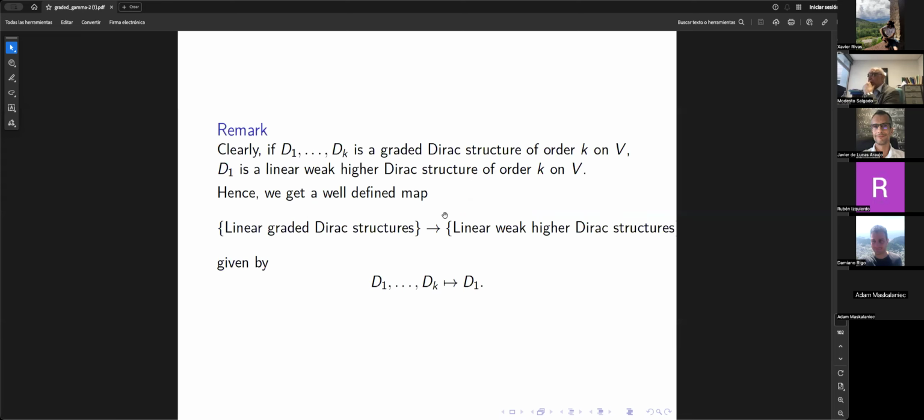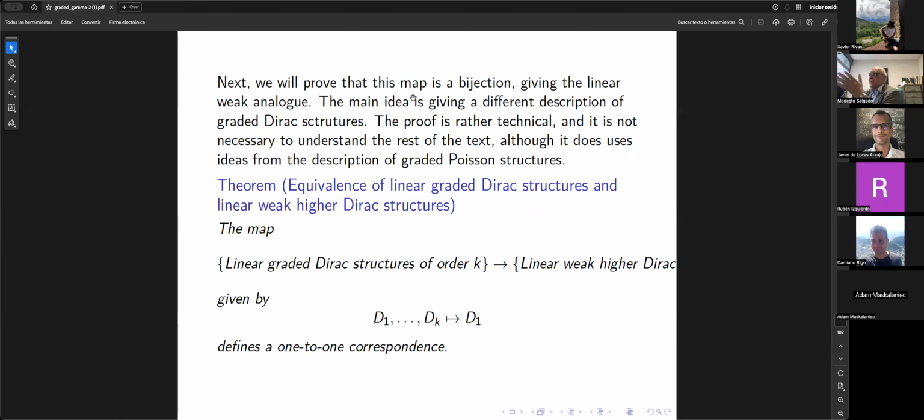Okay, so we have a mapping from linear graded structures to linear higher-graded Dirac structures, and we will prove that this is indeed a bijection, so they are the same things.